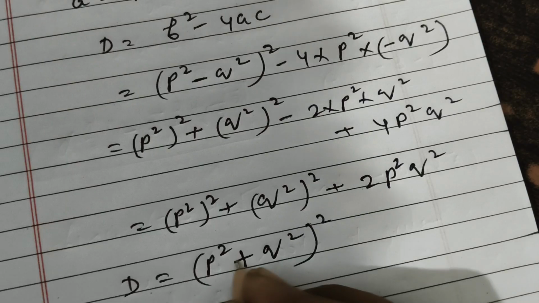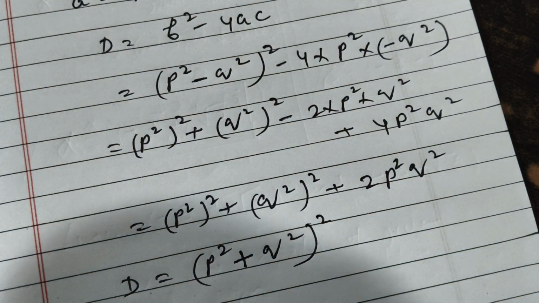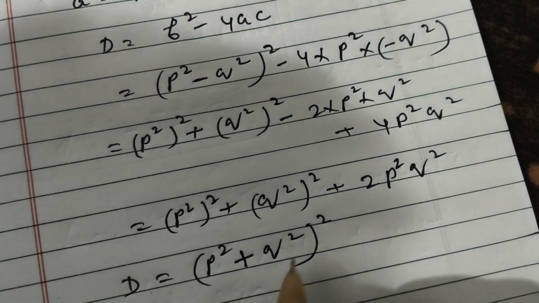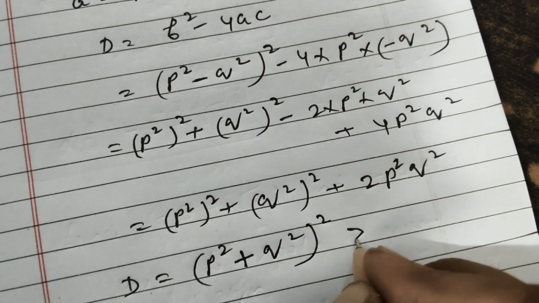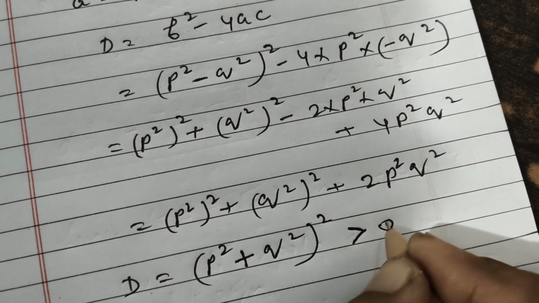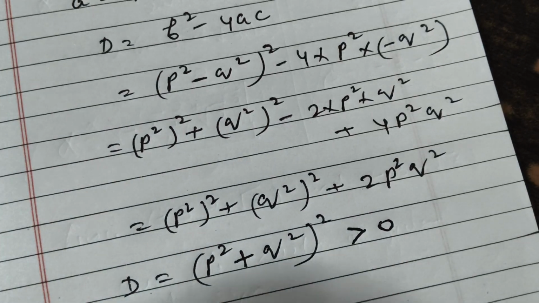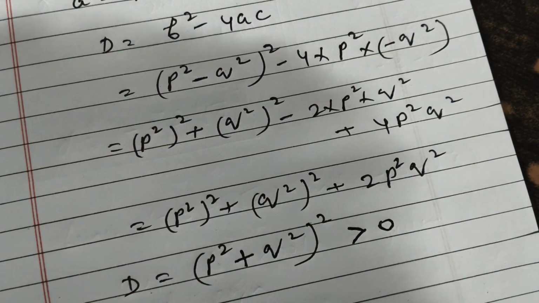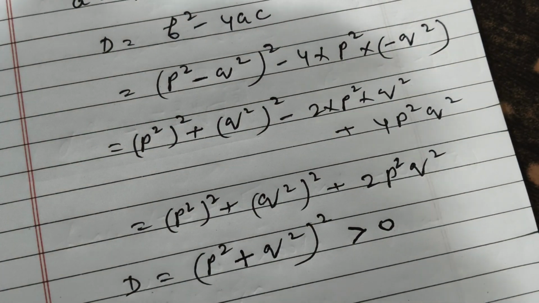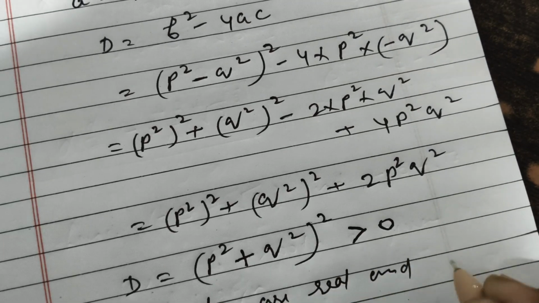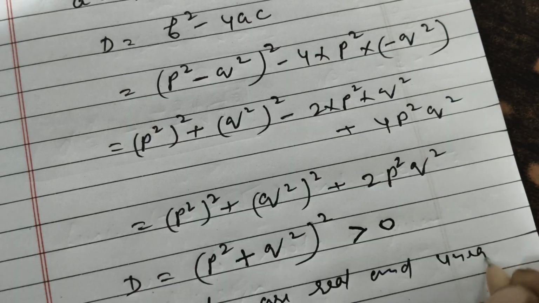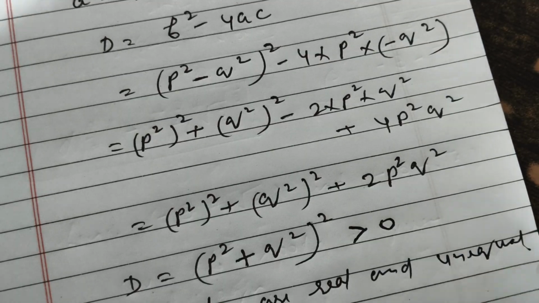Since the square of any number cannot be negative, the value of p² + q² is greater than 0. Since the value of D is greater than 0, the roots will be real and unequal.